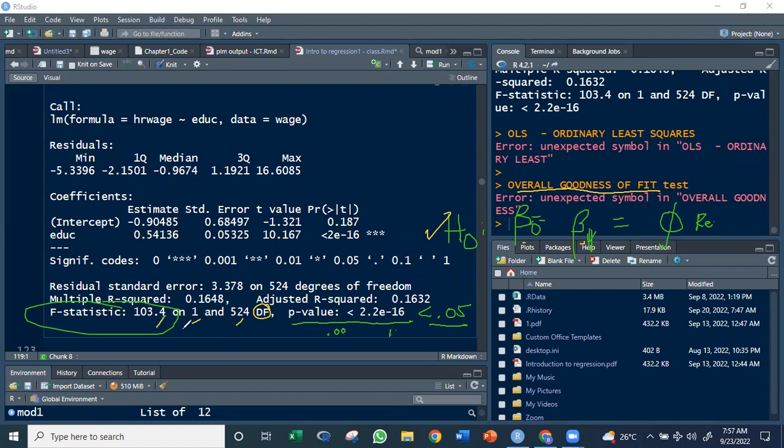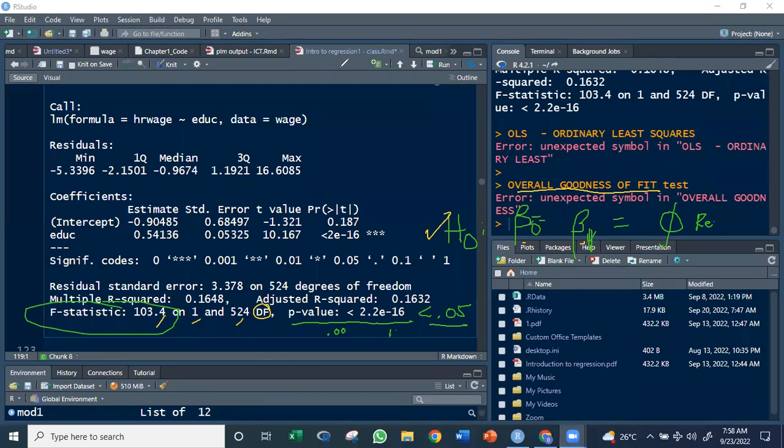This is the f-stat. How do we get the degree of freedom 1 here, class? Please, anyone? (524 minus k minus 1).